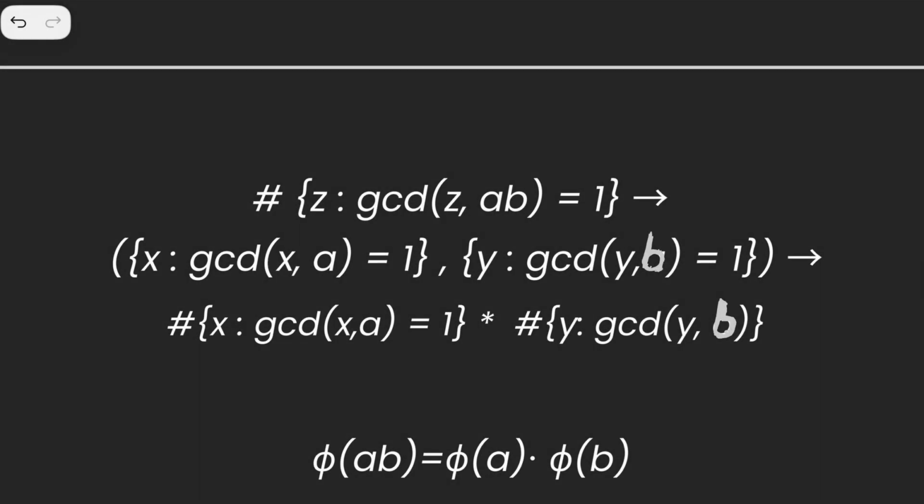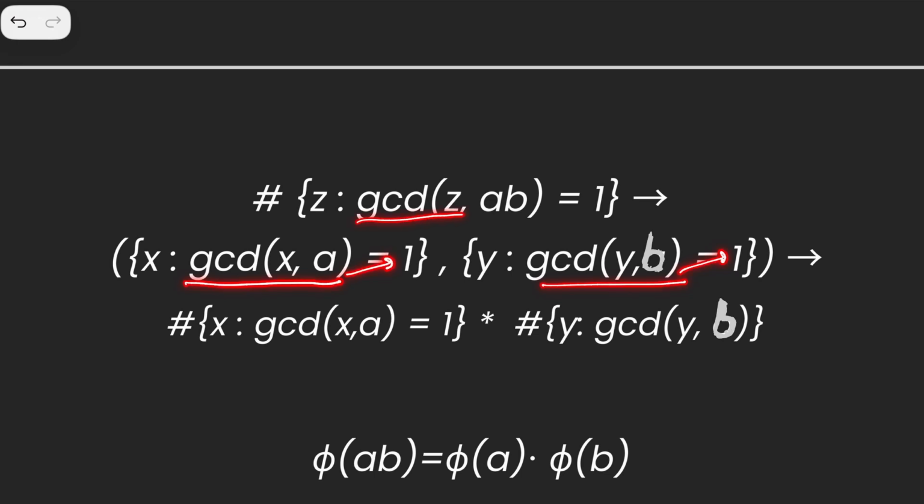Now let's move forward. Ultimately what we need to do, we need to count Z such that GCD of Z comma AB is 1. And we earlier said, rather than counting Z, we can just count the pair of X comma Y. So I can write, count the pair of X and Y which follows this condition: GCD of X comma A needs to be 1 and GCD of Y comma B needs to be 1.